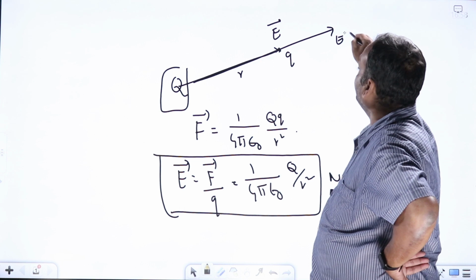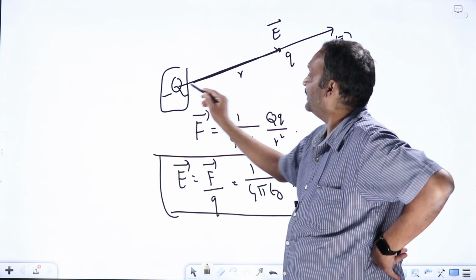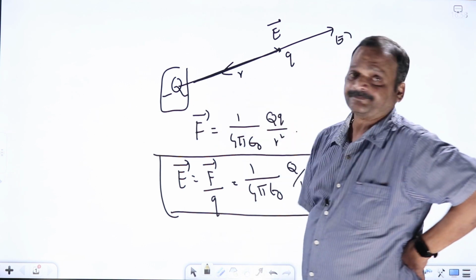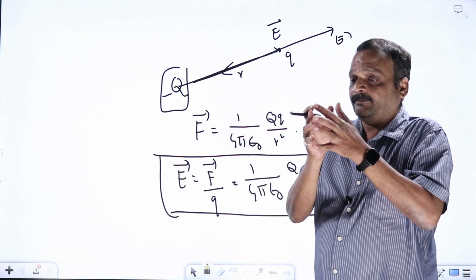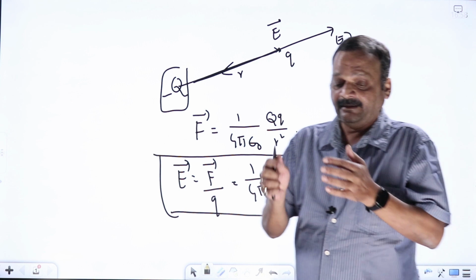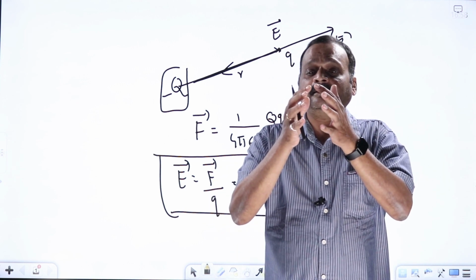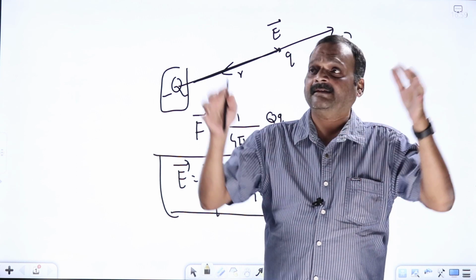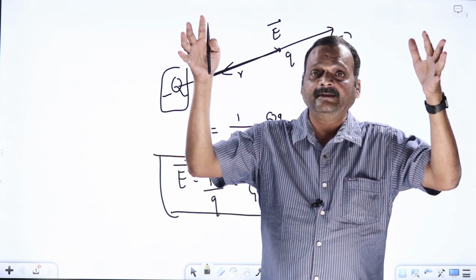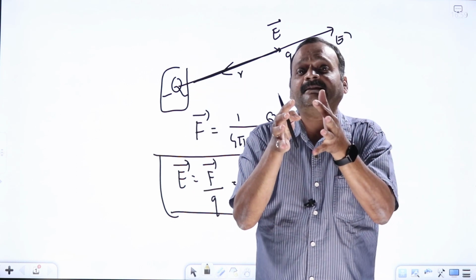If the charge is negative, electric field will be towards the negative charge. For a positive point charge, the electric field points radially outwards everywhere. For a negative charge, it points radially inwards towards that charge.